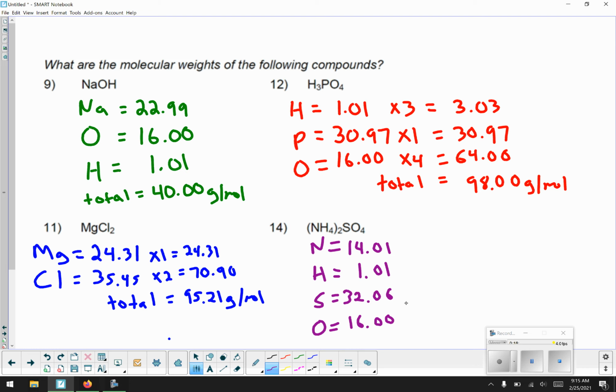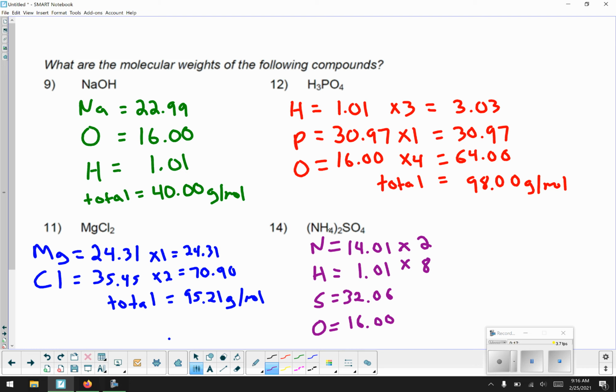Now, this is where this is a little tricky. Clearly, there's more than one of most of these elements, but you got to be careful with that parentheses in there and how many there are. So, when you have a parentheses like this and a subscript outside, that distributes in. In other words, we have 2 of everything inside. So you have 2 NH4s, which means you have 2 nitrogens, because there's 1 nitrogen inside, and multiply that by 2, but also 8 hydrogens, not oxygen, excuse me.